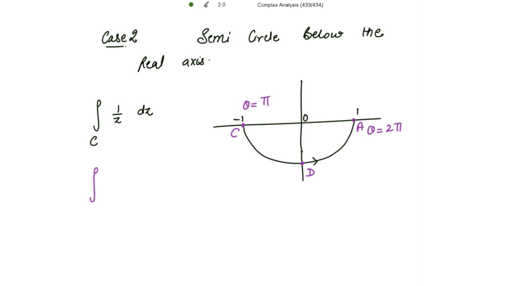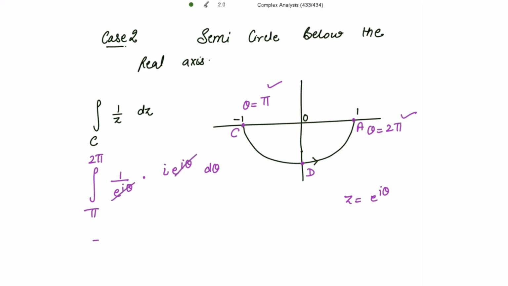So again we write 1/z, taking z equal to e^(iθ), and dz will be e^(iθ) multiplied with i dθ, and the limits of θ from π to 2π, because we have to move from -1 to 1. So limits π to 2π. This is very important. Please take care of this.